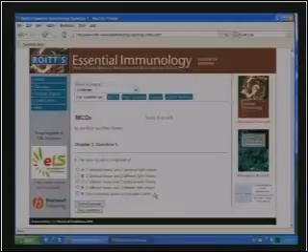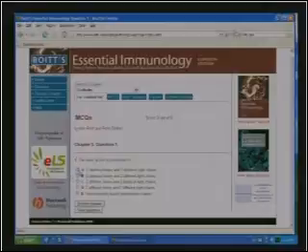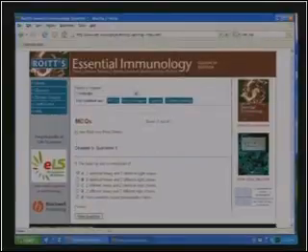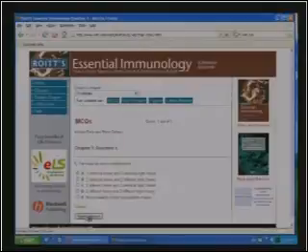Which one is the correct answer? Okay, that's good. Submit the answer. Continue. That's the correct one. Okay. So then you can go for the next question.